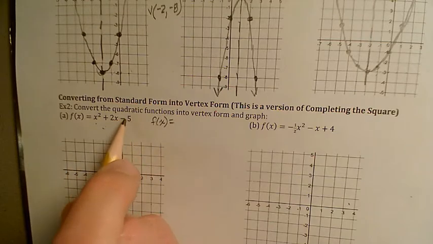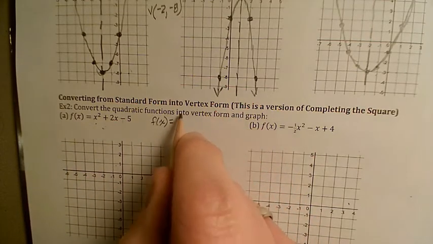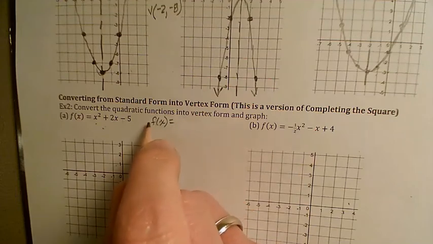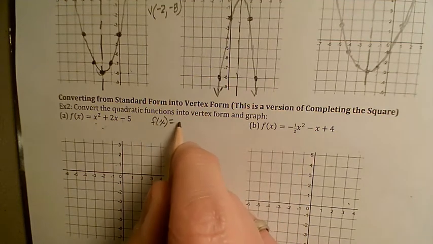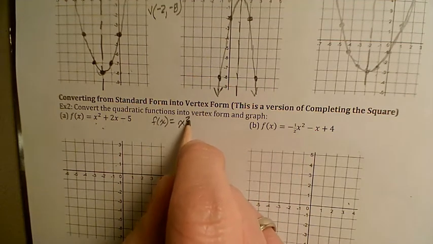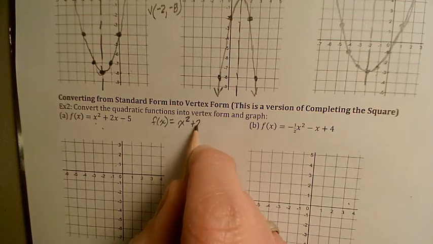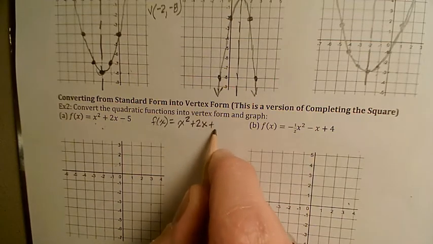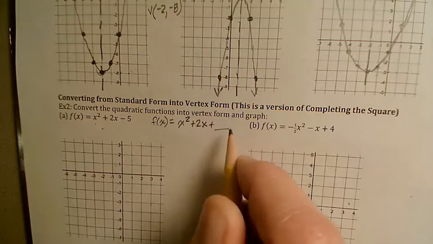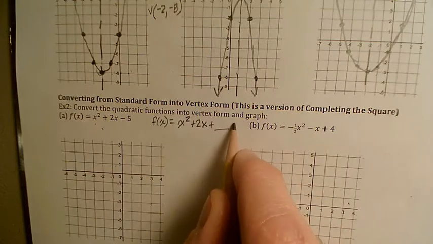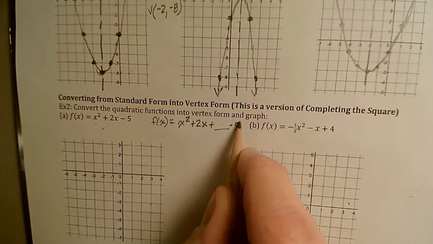I'm going to move this -5 sort of off to the side, not to the other side of the equation, but just push it aside. So I get x squared plus 2x, and then I leave a space because I'm going to add something there. The -5 gets pushed out of the way.